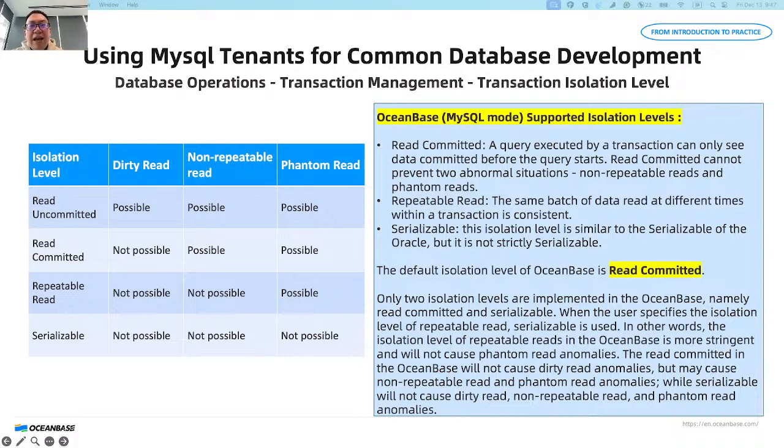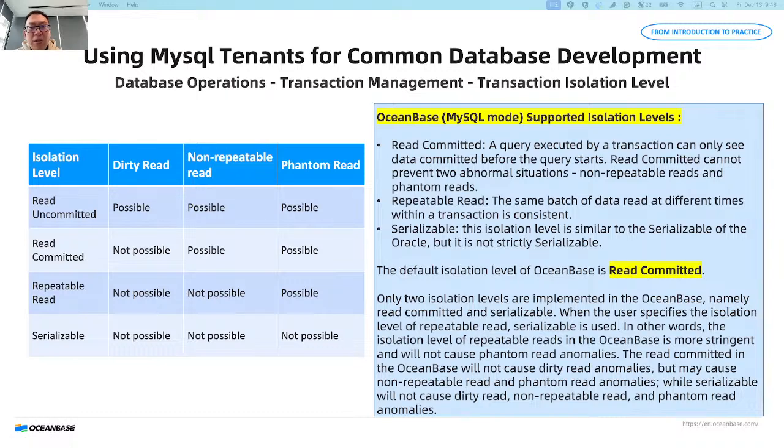Different isolation levels have different abnormal situations. From the left table, we can see the detailed information. The isolation levels include read uncommitted, read committed, repeatable read, and serializable.